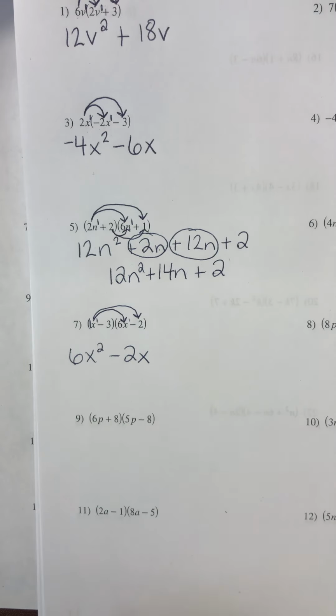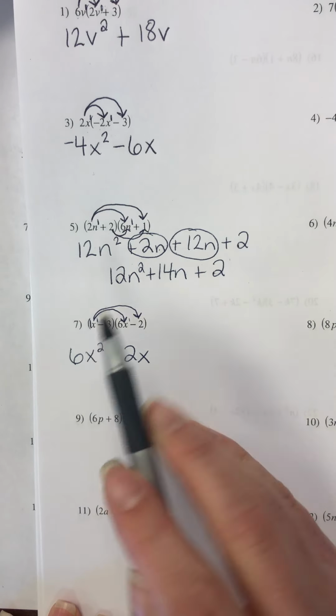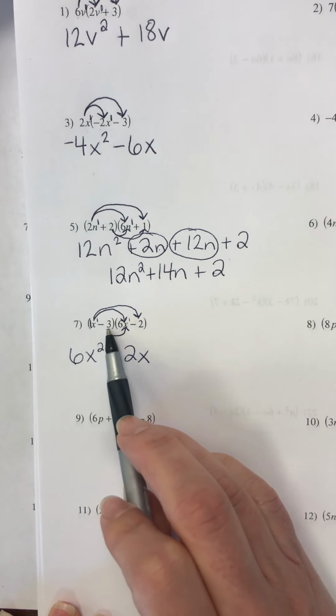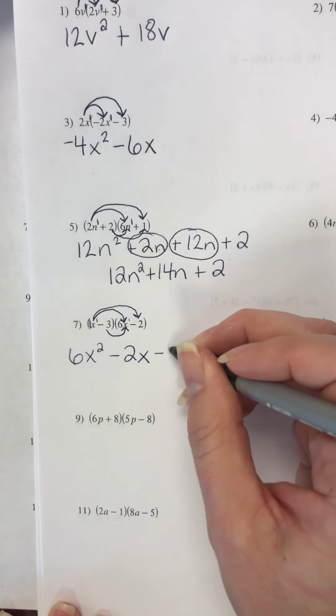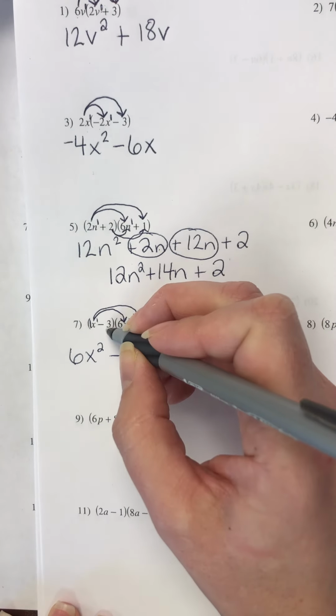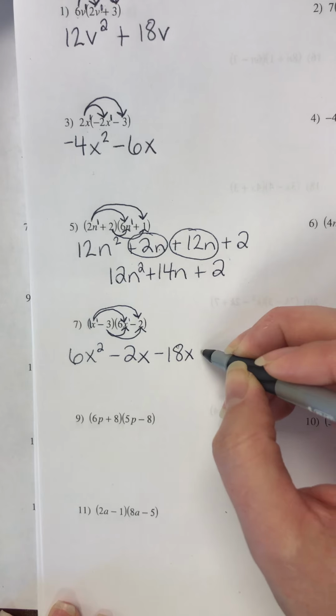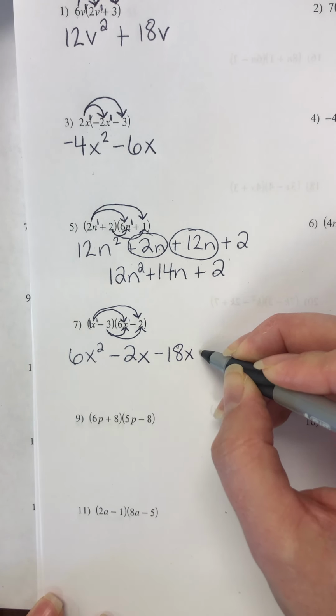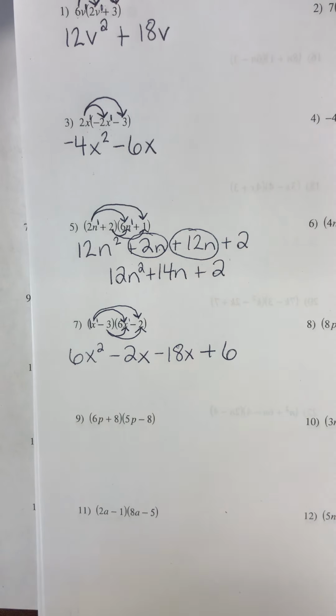So I'm double distributing. I just distributed the x. Now I need to distribute the -3. So -3 times 6x should give me -18x. -3 times -2. Careful, everybody always makes this mistake. Negative times a negative gives you a positive. So plus 6x.